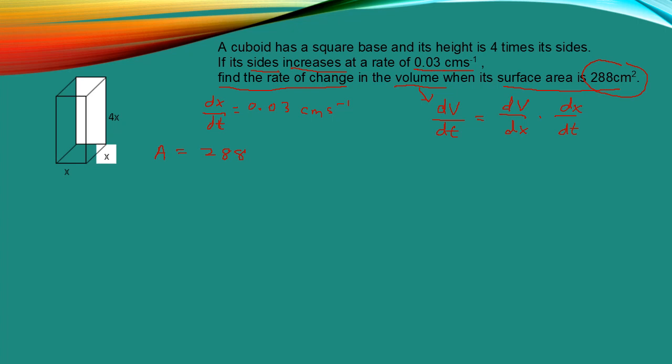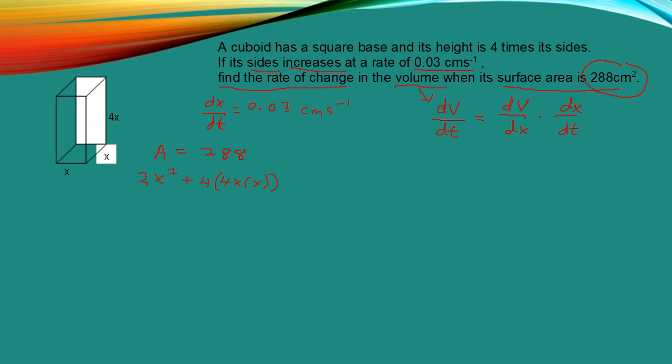So here, first we find the surface area for the base is x square. We have 2, base and top, so we have 2x square, and then plus for the side is 4x multiplied by x, and then we have 4 sides, means this one will be multiplied by 4.